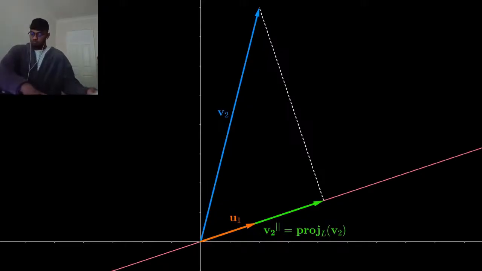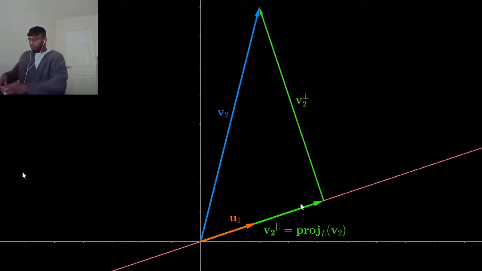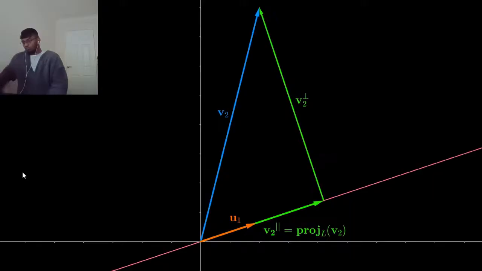And then the perpendicular component of that is obtained by subtraction, right? We're going to subtract the parallel component from v2 to get the perpendicular component of v2. And that's it. This is going to be our vector that we're going to use for the basis, v2 perpendicular.